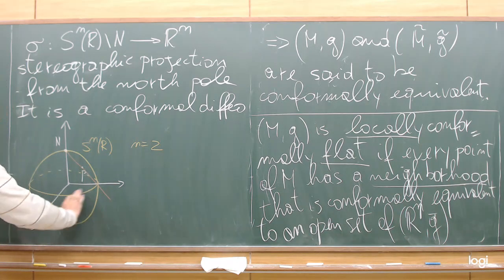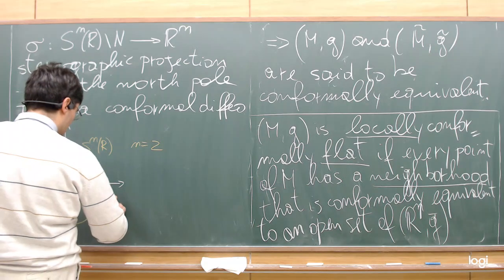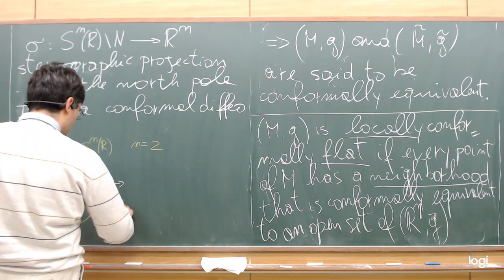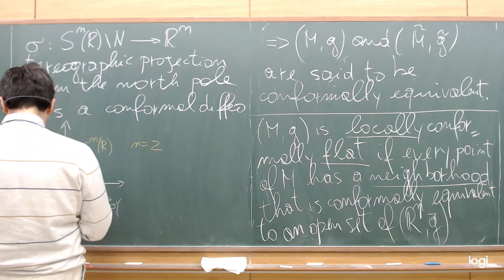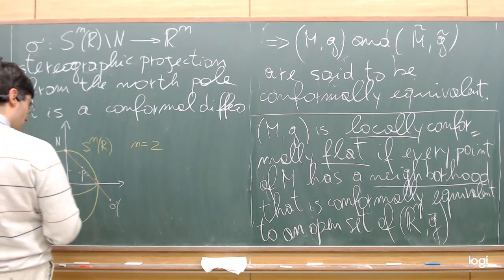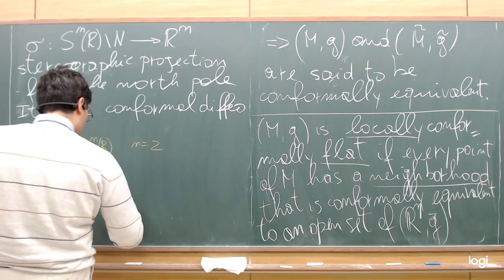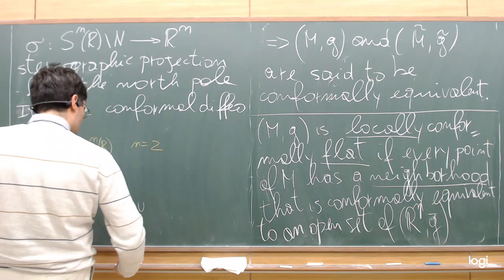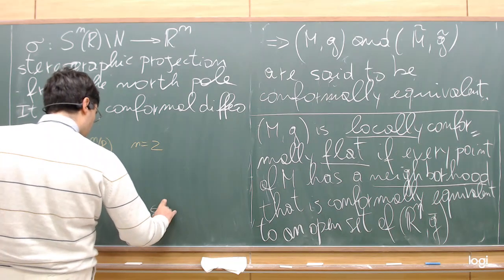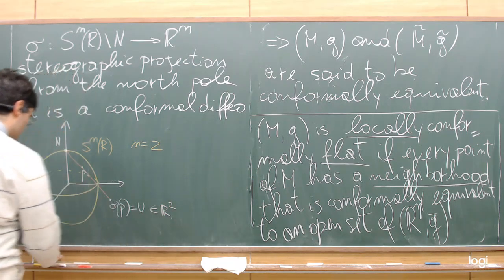This is the horizontal plane R2. So let's call this sigma of P equal, I will call this u, in R2.